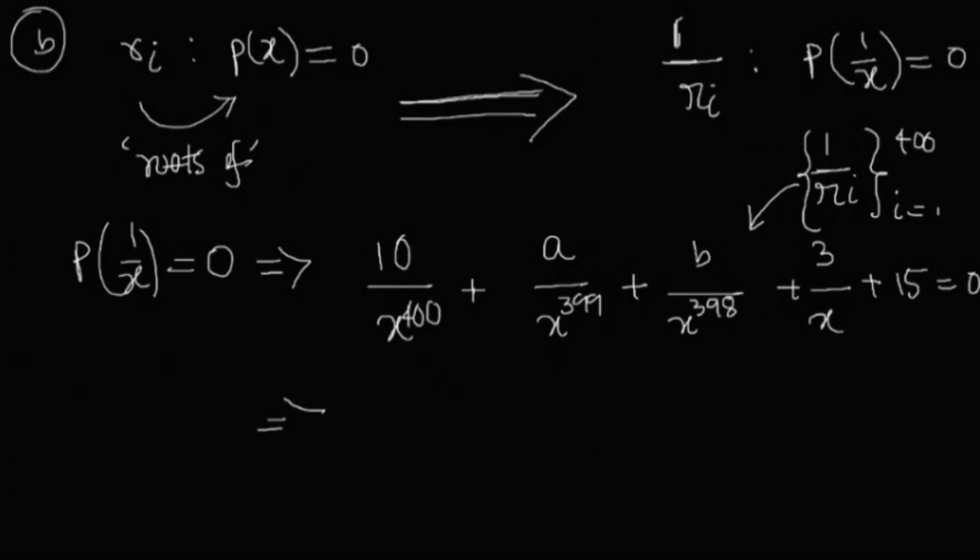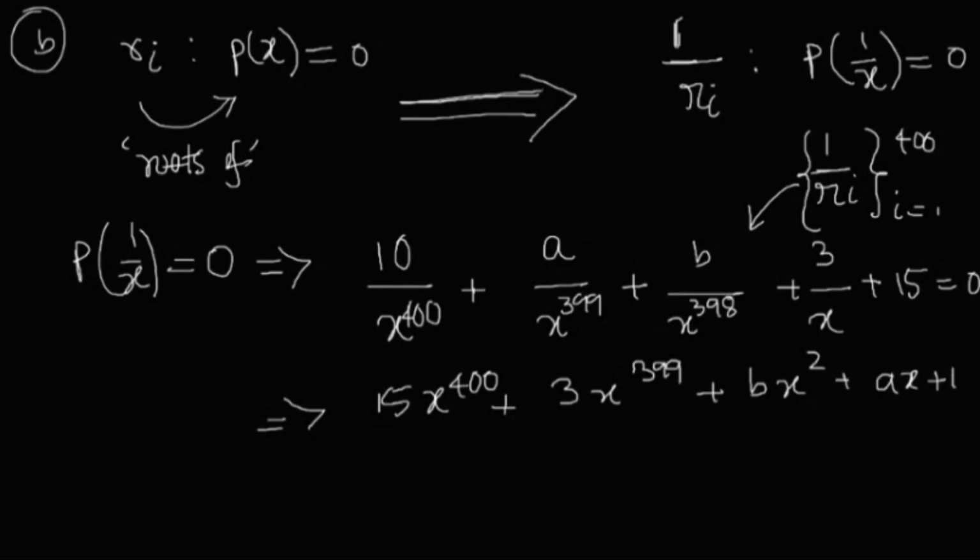Now, if you reduce this, you'll find that this is something like 15x^400 + 3x^399 + bx^2 + ax + 10. So what you needed to find is the value of the sum of 1/Ri. But 1/Ri are the roots of this particular equation.